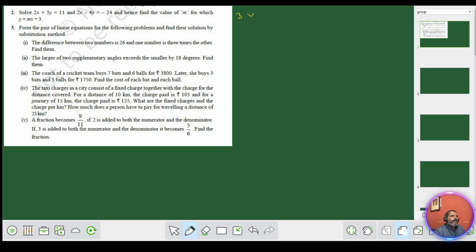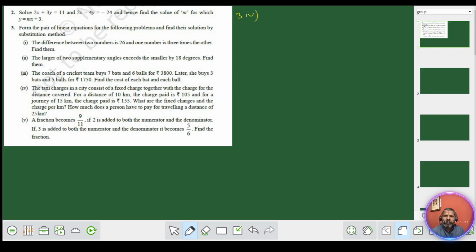Third main, fourth question. The taxi. This is a real-life question, meaning in real time also we will have the experience of this type of question. If you ask where do we use quadratic equations in life, see these examples, see these word problems. The taxi charges in a city consist of a fixed charge together with the charge for the distance covered.